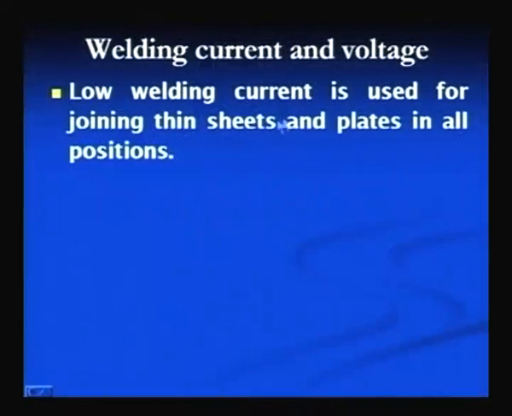Very controlled heat input is to be used for welding of thin sheets, so that the melt through or excessive heat related adverse effects can be reduced, and that is possible by using the low welding current. Low welding current for a given voltage setting will develop lower heat input, and that in turn will help to join the thin sheets and plates effectively under all conditions.